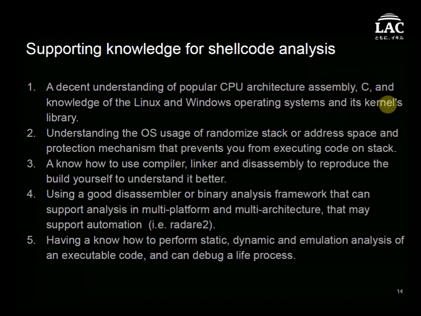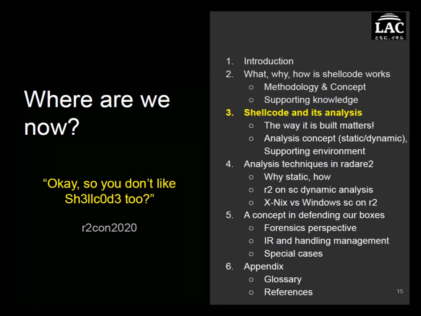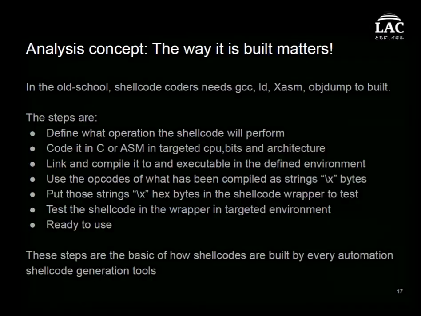Supporting the knowledge for shellcode analysis, you have to know about C and the operating systems, the use of randomized stacks and stack protections. You have to know how to use a compiler, linker, and disassembler to build and produce it yourself to understand it better, and so on. Now what we are trying to do is understand the analysis of shellcode.